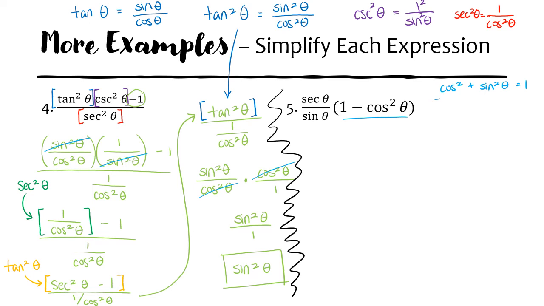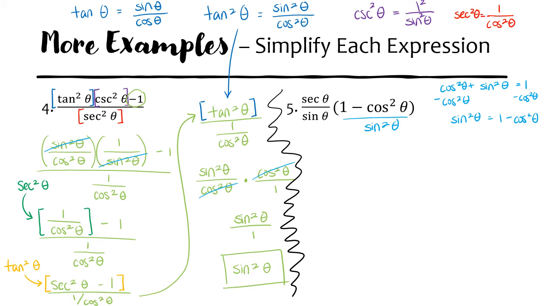If I subtract cosine squared from both sides, then what I'm left with is sine squared is equal to 1 minus cosine squared. So again, another opportunity to manipulate our Pythagorean identity just a little bit and say, 1 minus cosine squared is going to be equal to sine squared.